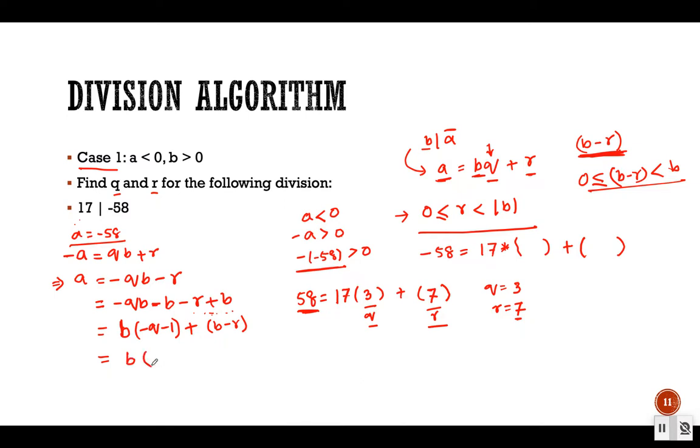Now that becomes minus 3 minus 1, plus b, which is our 17. So 17 minus r, and we got r equal to 7 here. So that will give us b times minus 4 plus 10.